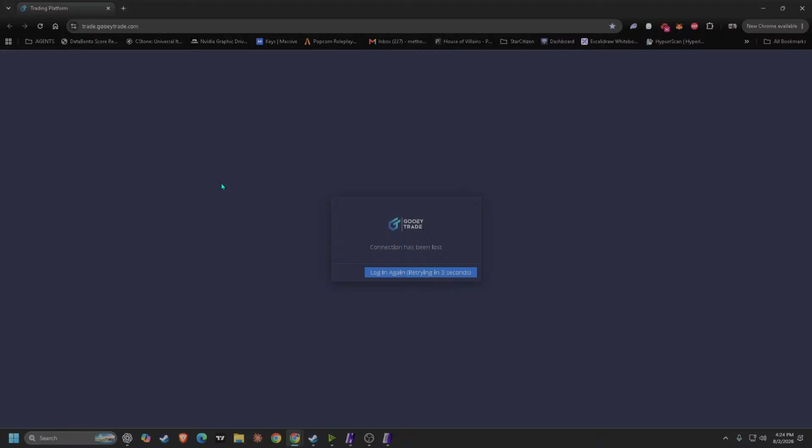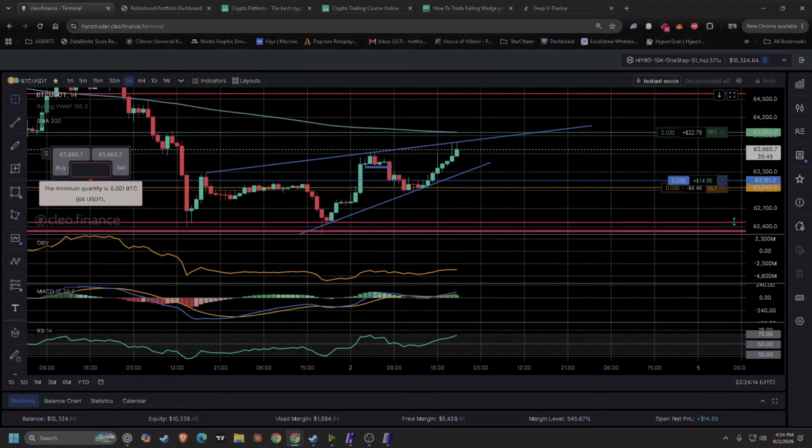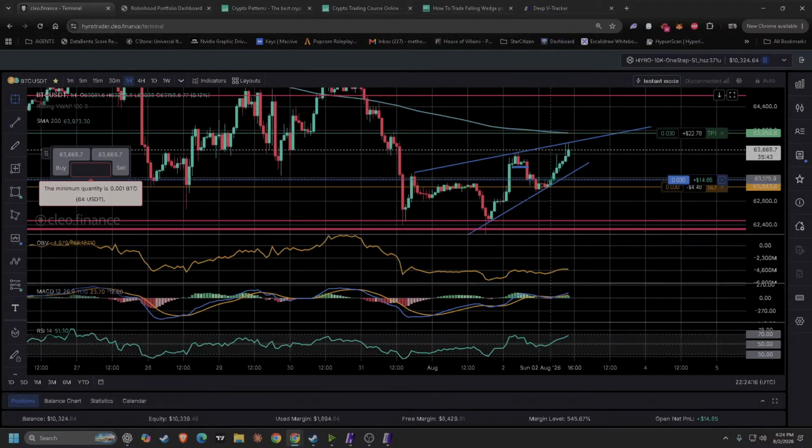Okay, we're not messing with that right now. So at the end of the day, I'm saying we're gonna get our 1 hour 200 moving average.